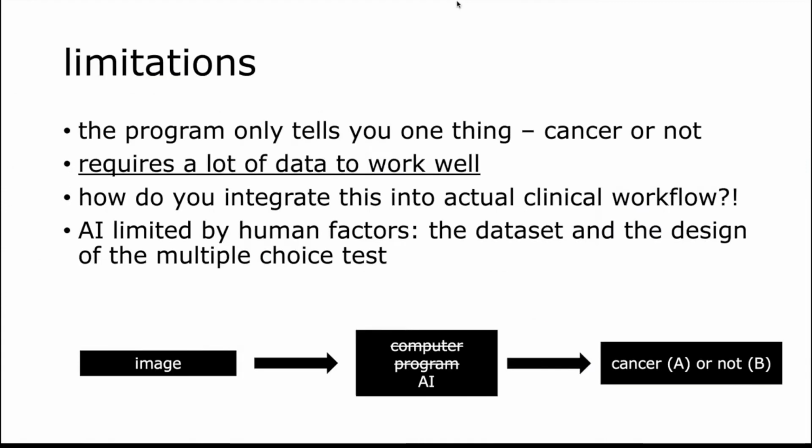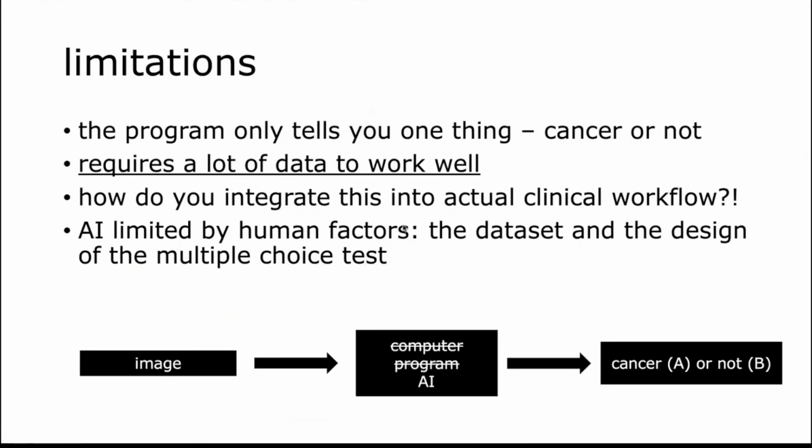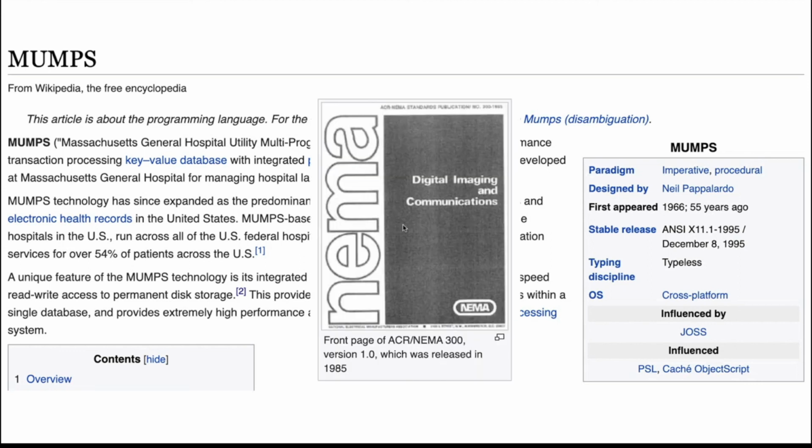So back to here, connecting the scan to a modern AI, in this case for this study a modern AI designed by Google, which is a cutting edge tech company, requires quite a lot of engineering and structural work put in place to make this happen. And the same goes, this is for medical records, same goes for imaging. The U.S. was very forward thinking, I think, in digitizing images in the mid 80s.